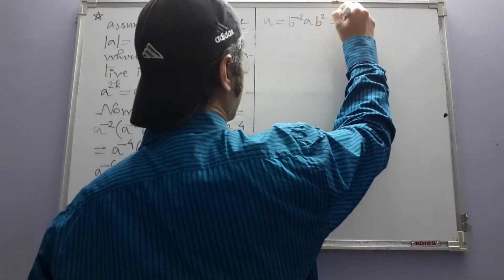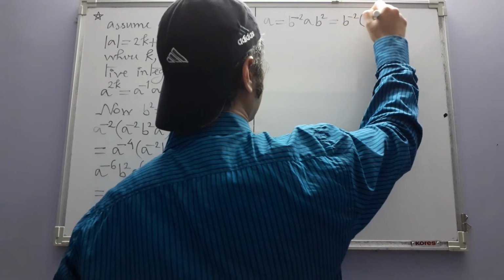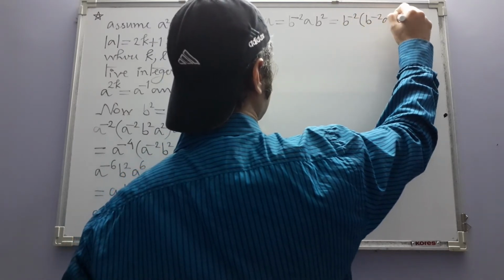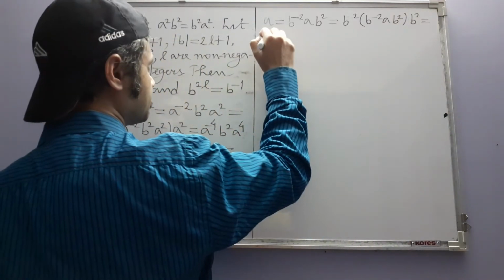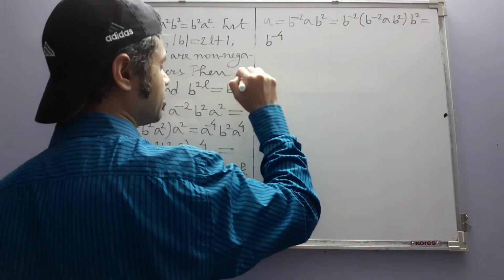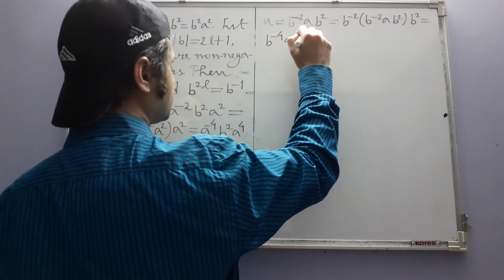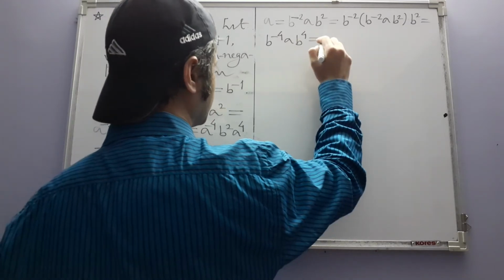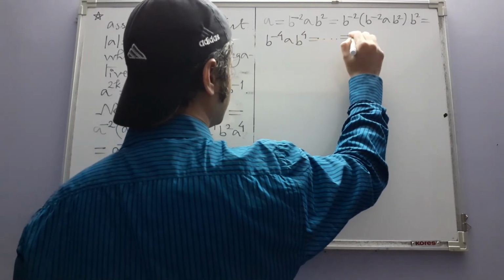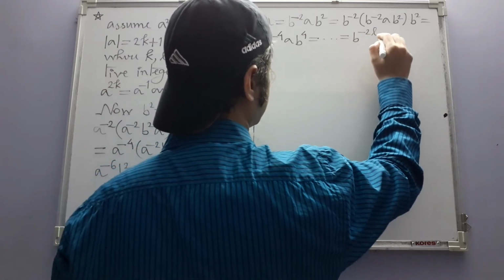So for example, in our first step we will have this, which gives us B to the power minus 4 A B to the power 4, and then again if you continue you will eventually reach this thing.